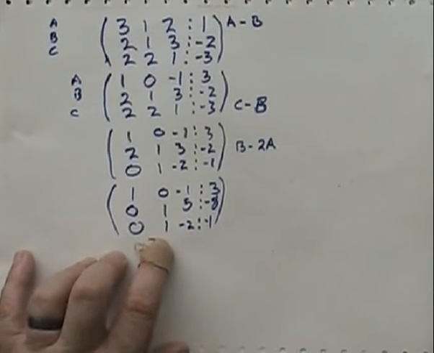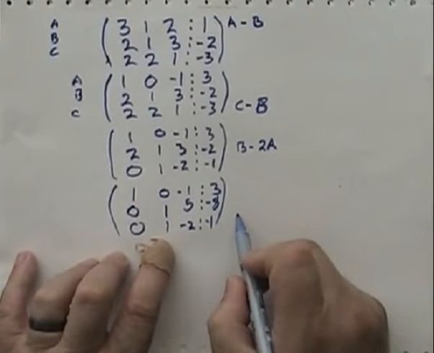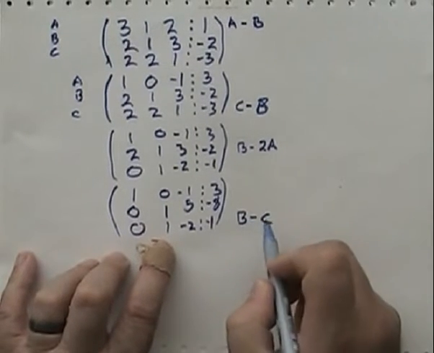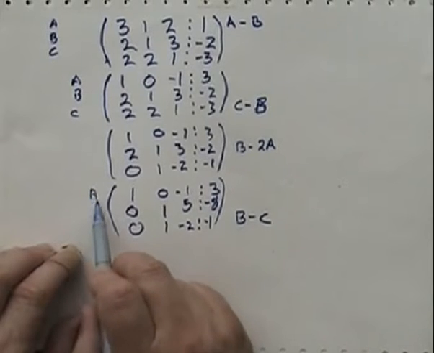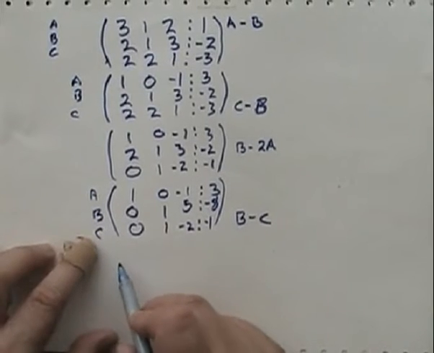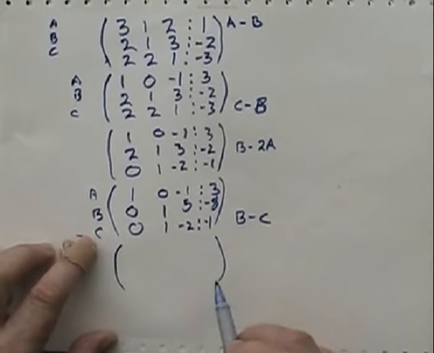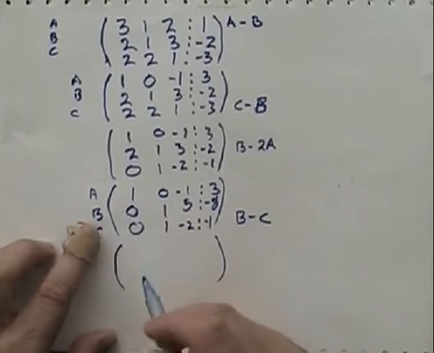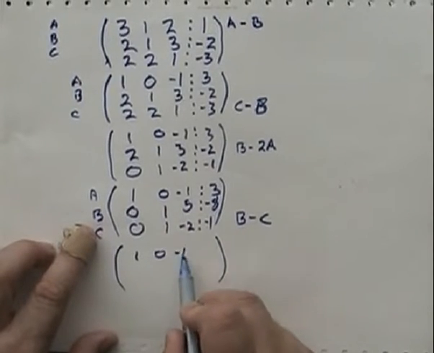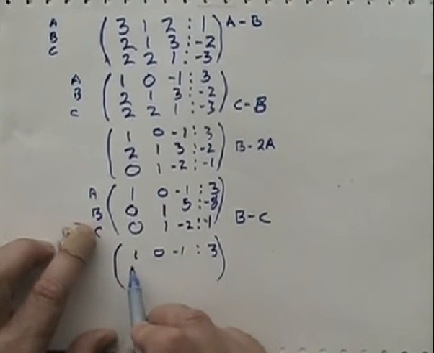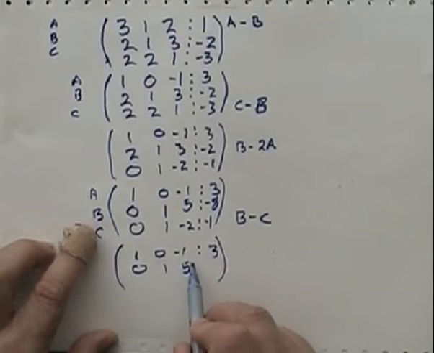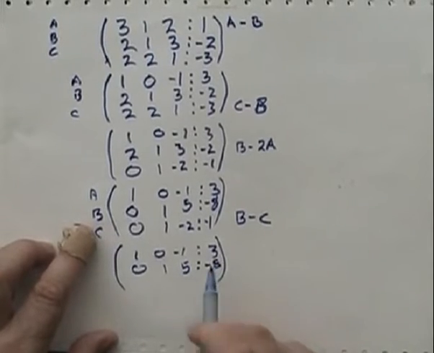It doesn't really matter. Mathematically, it will give the same answer. So I'm going to go B minus C. So this is A, B, C. I'm not touching row 1, so 1, 0, -1, 3. Not touching row C either: 0, 1, 5, -8.